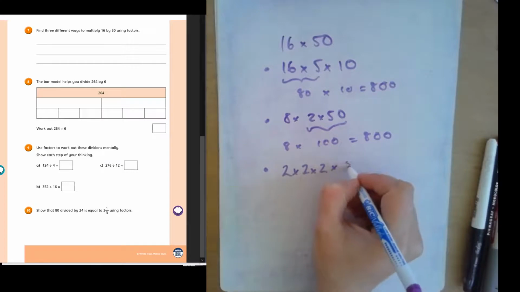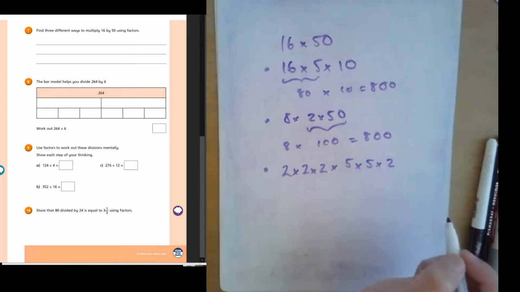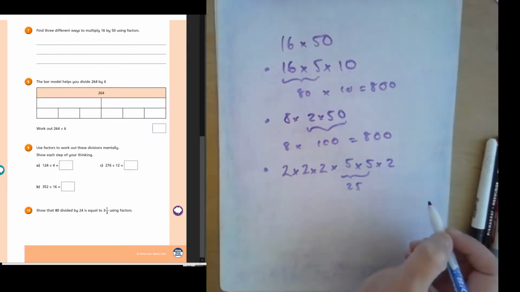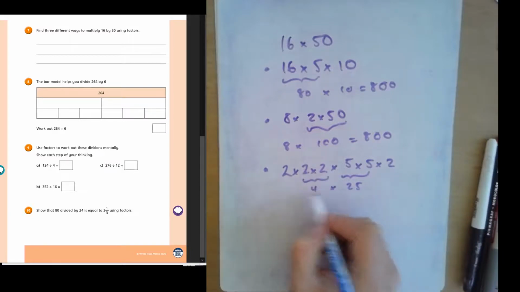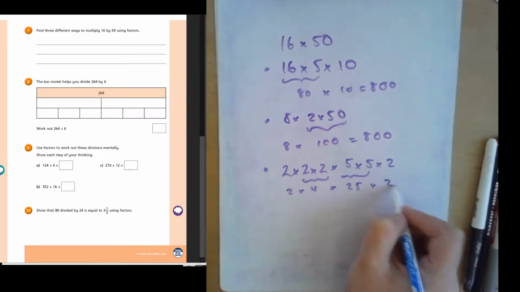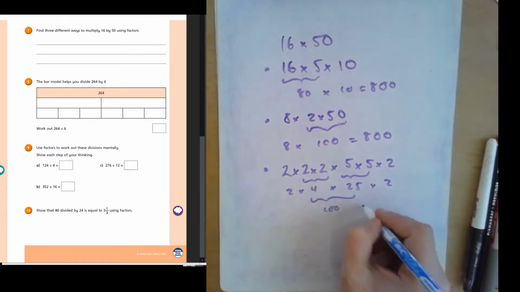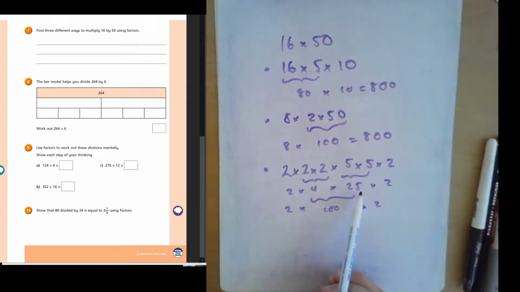Times 5 times 5 times 2. That's a nice one. Okay, so I've got 25 there. And then I've got 4 here. Okay, 4 times 25 is 100. Times 2 times 2. Okay, so that is, have I missed anything?